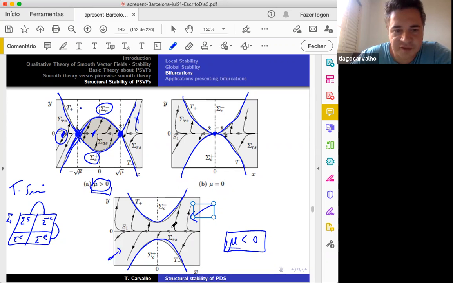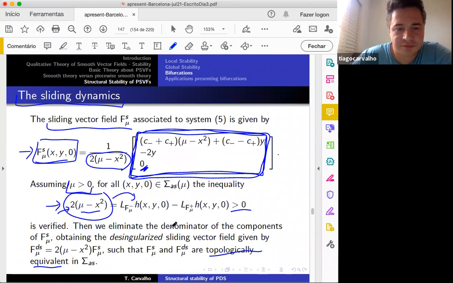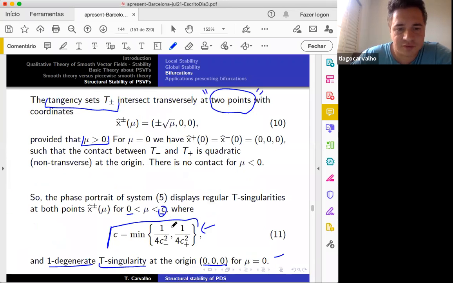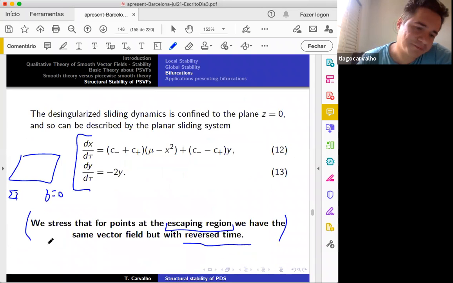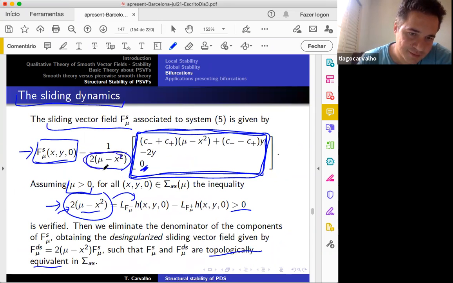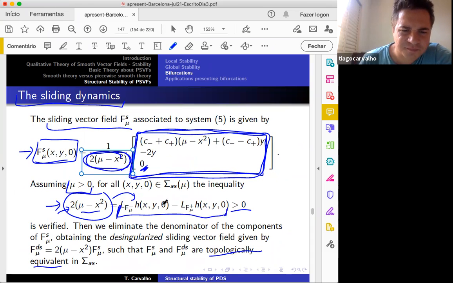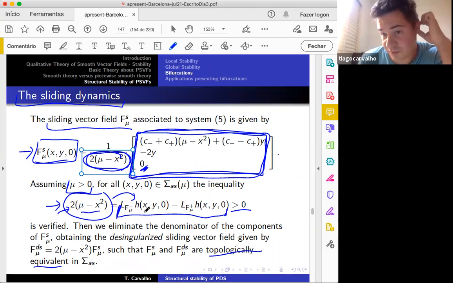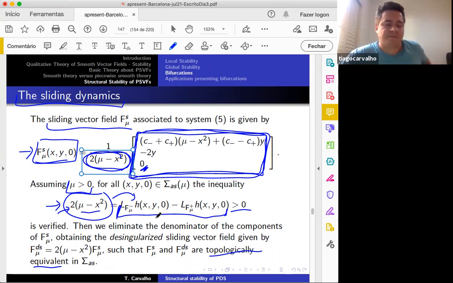So the singularized sliding vector field must have its orientation changed, according to this remark, because this number, the difference of the two Lie derivatives, is negative.